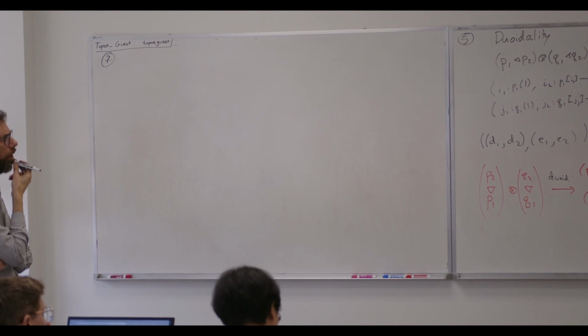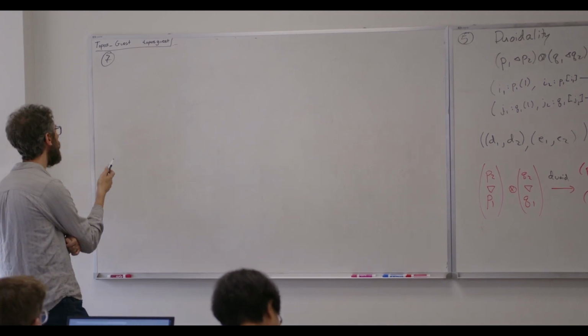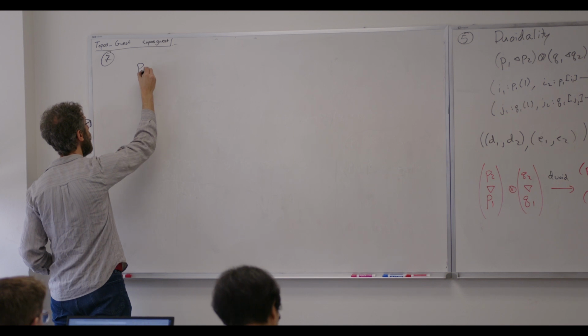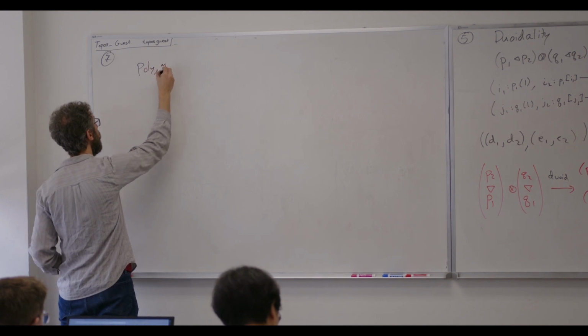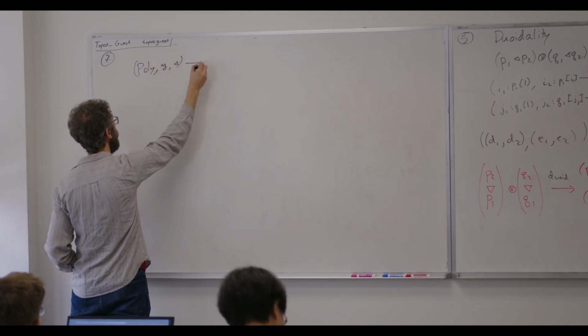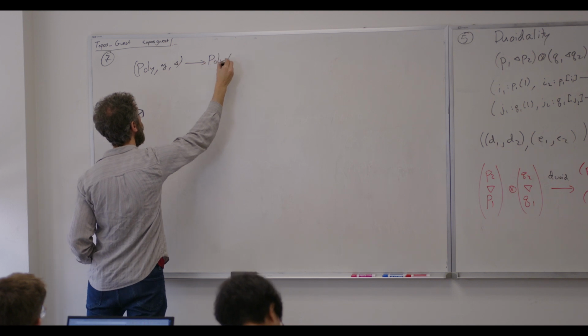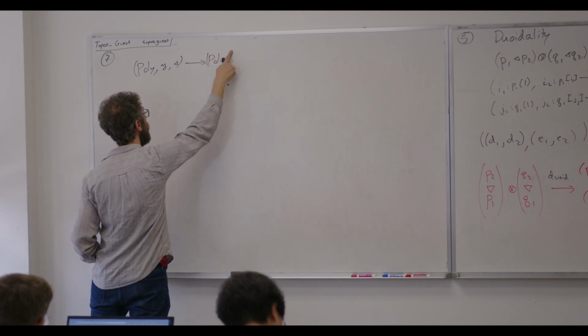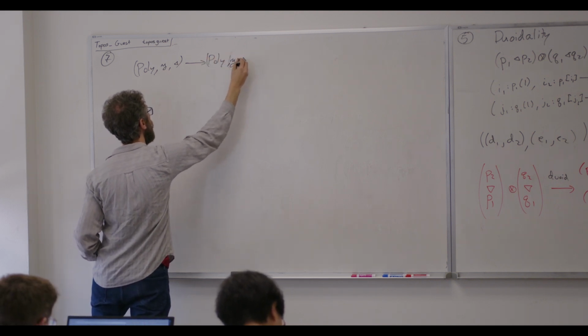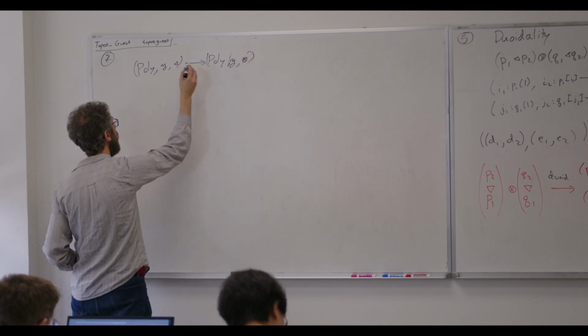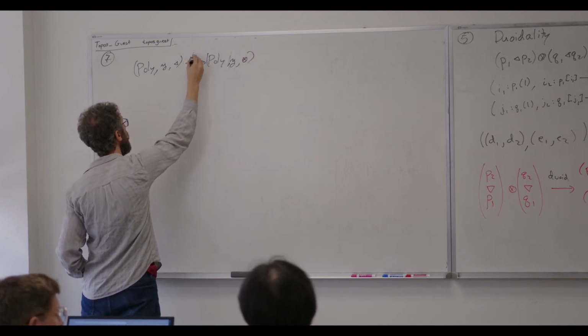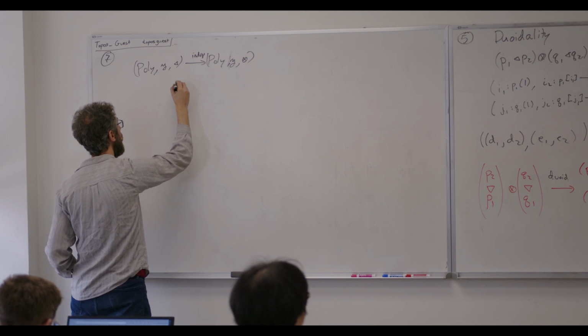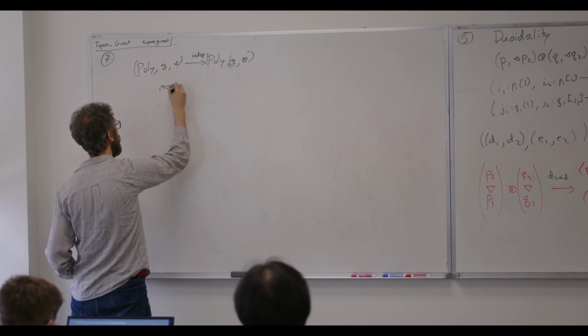So in fact, we have a lax monoidal functor from poly y tri to poly y tensor. So indep gives us one of these, and that means it takes monoids to monoids.